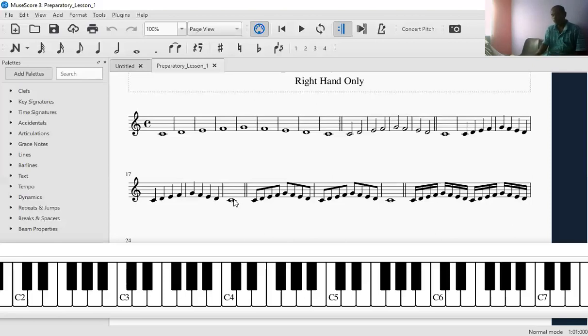So I have 1, 2, 3, 4. Now the last note here is a whole note, so I will sustain this for 4 counts. So let me take it again. 1, 2, 3, 4.